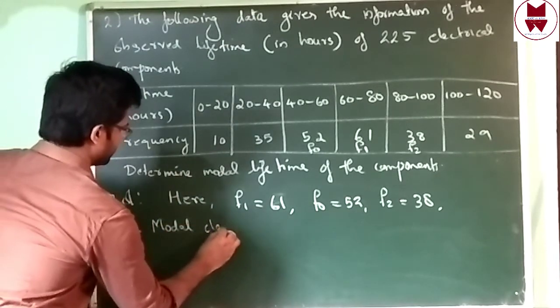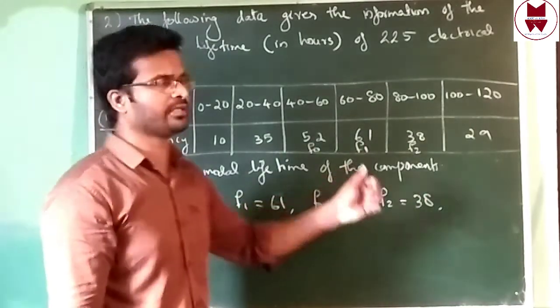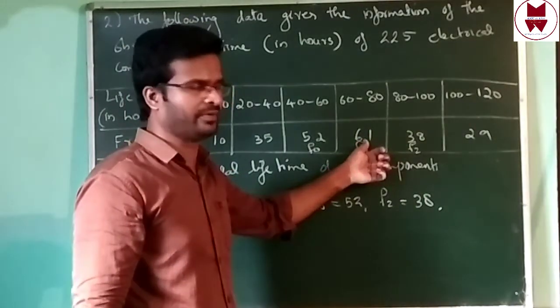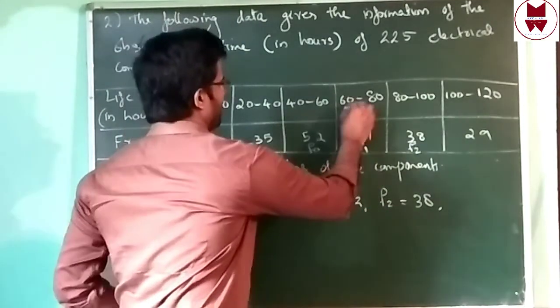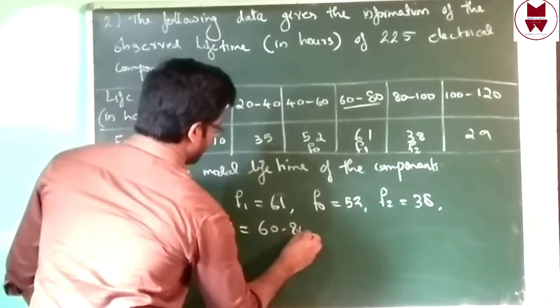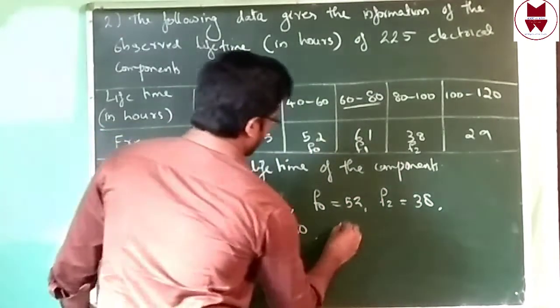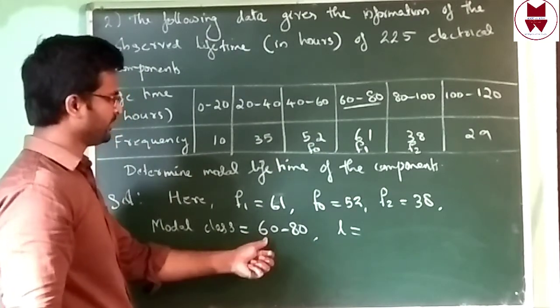Modal class equal to, what will be modal class? In here which one is highest frequency? That is 61. That time this class interval 60 to 80 will be our modal class. 60 to 80. Then L. From modal class we can find out lower limit of this class interval.